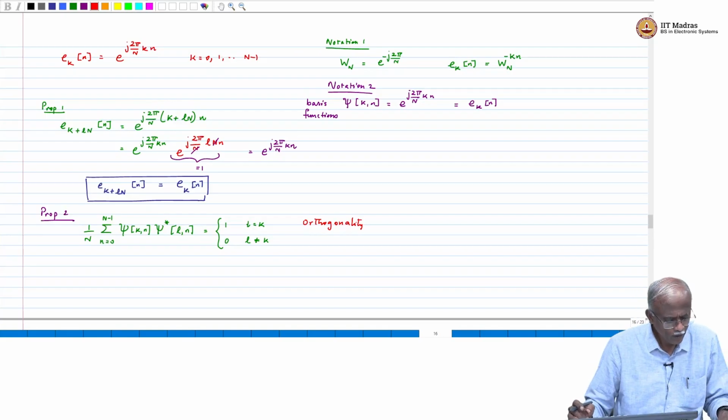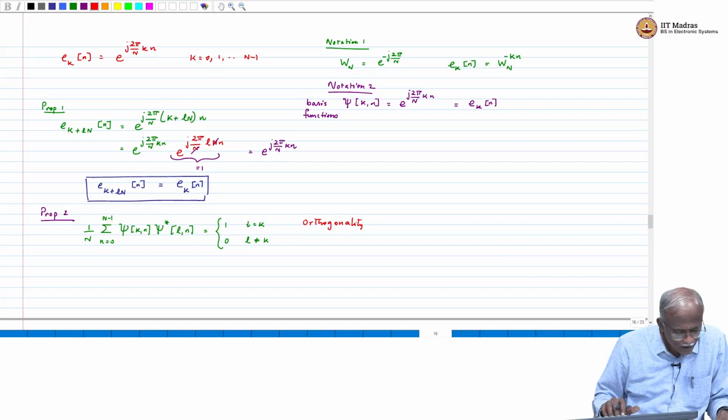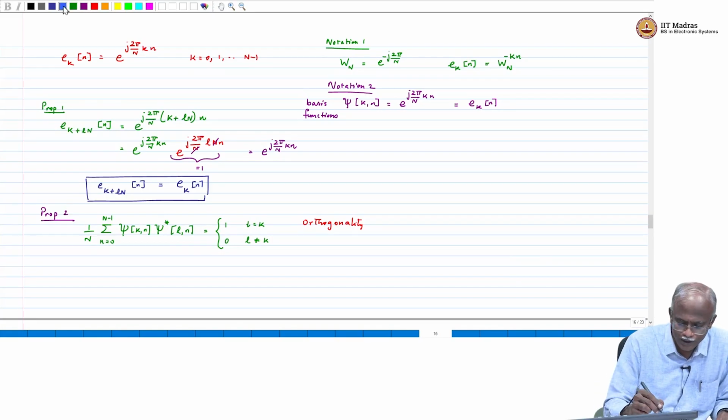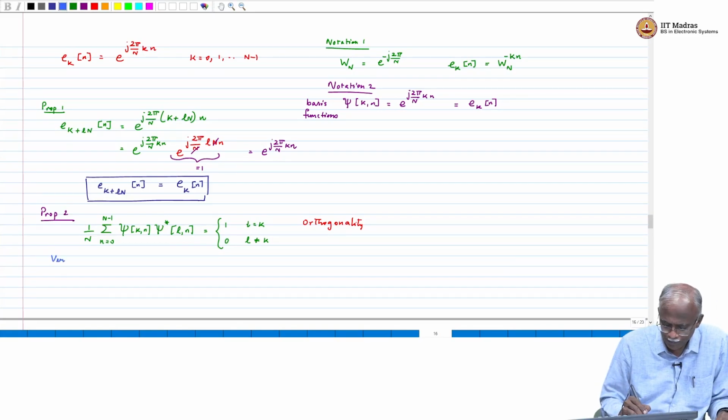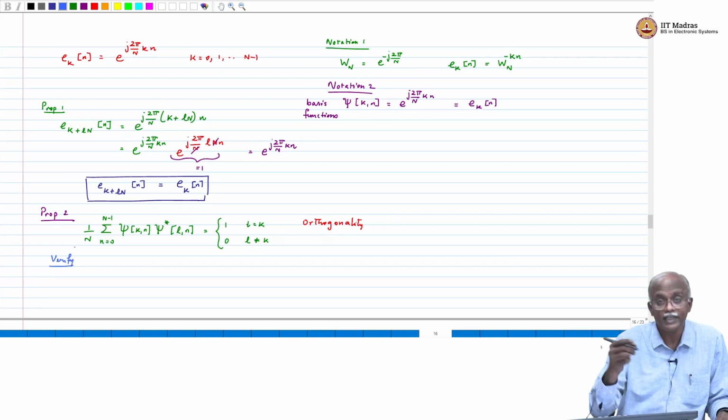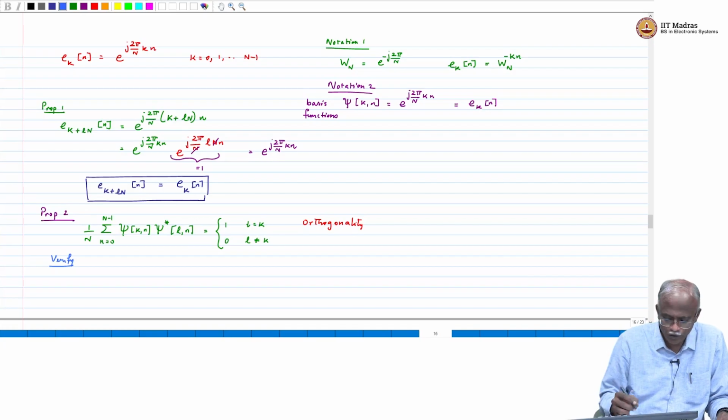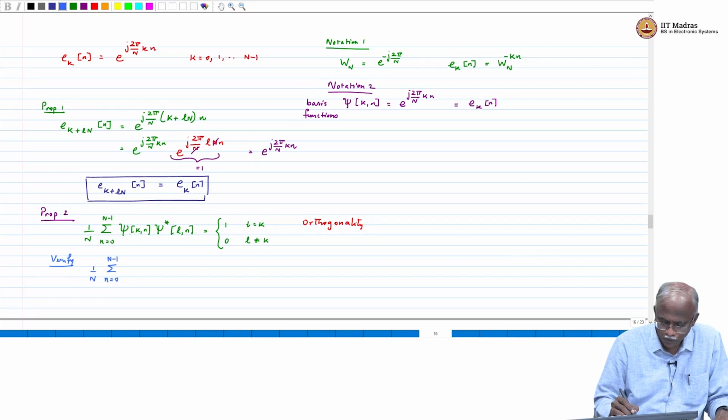Now, maybe it's a good idea for you to verify this. Let me show you the steps to verify and then ask you to complete the verification. So, verification of the property of orthogonality. The left hand side can be written as 1 over n, summation n equal to 0 through n minus 1. Now substitute for psi kn and psi conjugate ln. The first term will be e power j 2 pi by n kn.